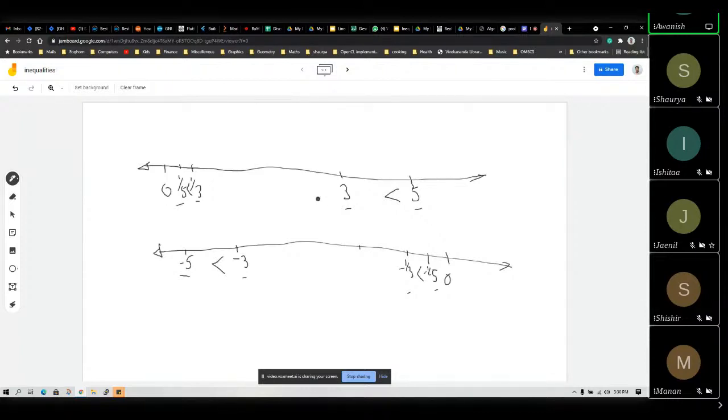So if we call this A and this B, and A is less than B, then 1 by A will be more than 1 by B. So this was A less than B, and 1 by A becomes more than 1 by B. Since we want to retain this statement, we'll call the left one A.